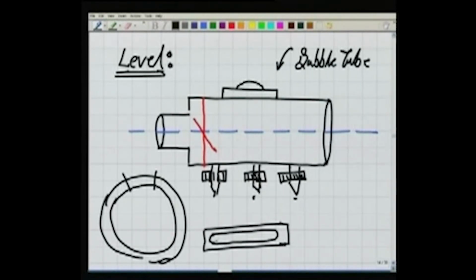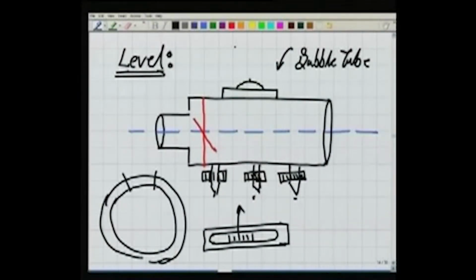is my bubble tube, and in the center of the bubble tube we have some graduations, and this is the point which is the center of the bubble tube. Now, because the bubble tube is part of a big circular tube, in this tube we leave a little air, which we call the air bubble. Now, I will define one more term here.